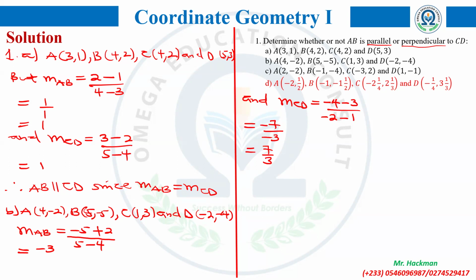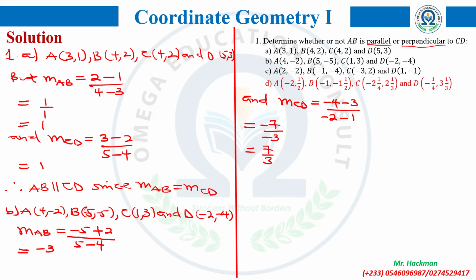Okay. So at this point, let's look at the two values in terms of the gradients. Is MAB equal to MCD? Obviously, no. It means the lines are not parallel. However, if they meet at an angle of 90, that is the special case, so you know 3 times 7 on 3, but minus 3 times 7 on 3, you get minus 7, not minus 1.